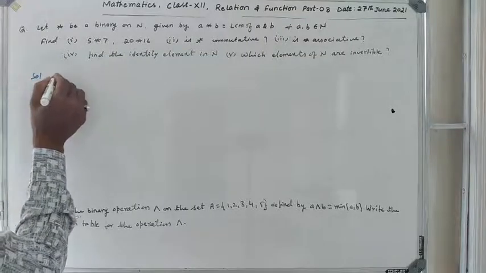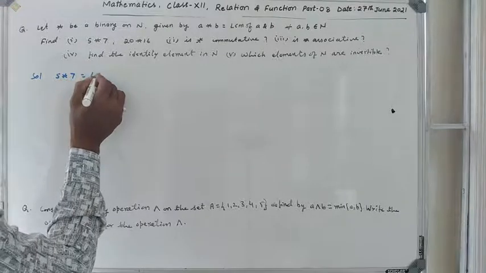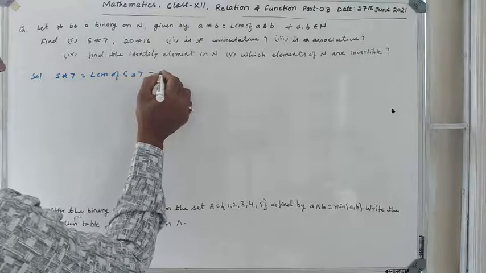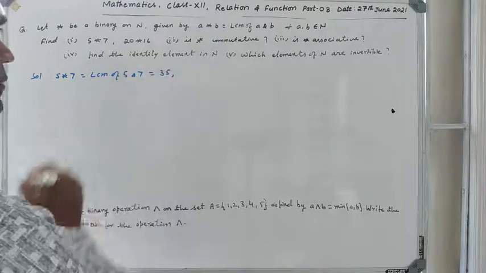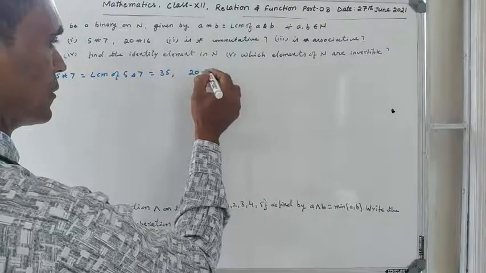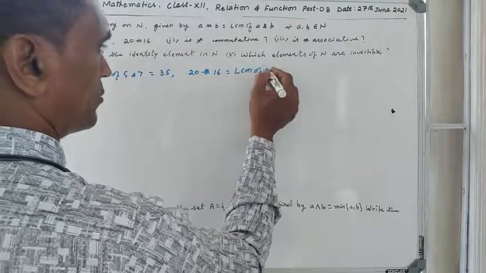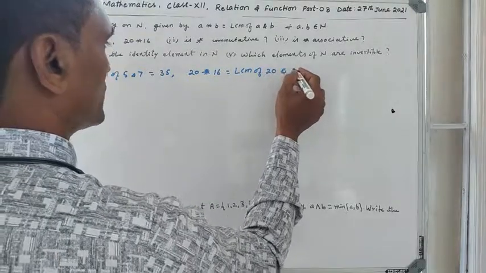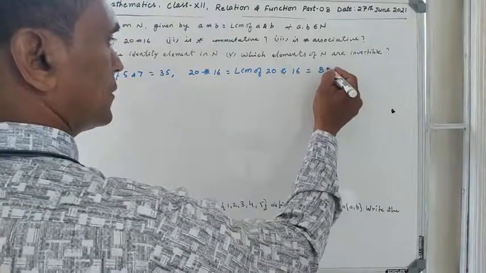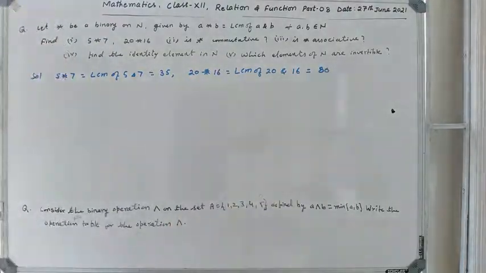So 5 star 7 is equal to LCM of 5 and 7, that is equal to 35. In the same way, LCM of 20 and 16 is equal to 80. So image of (20, 16) is 80.